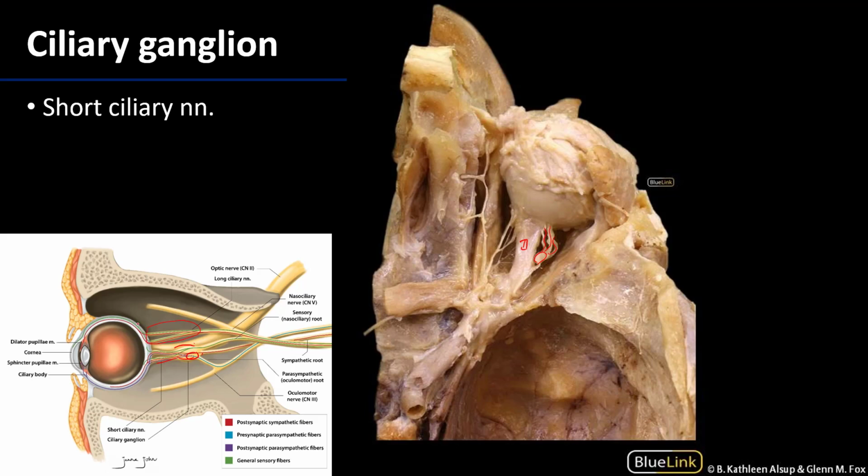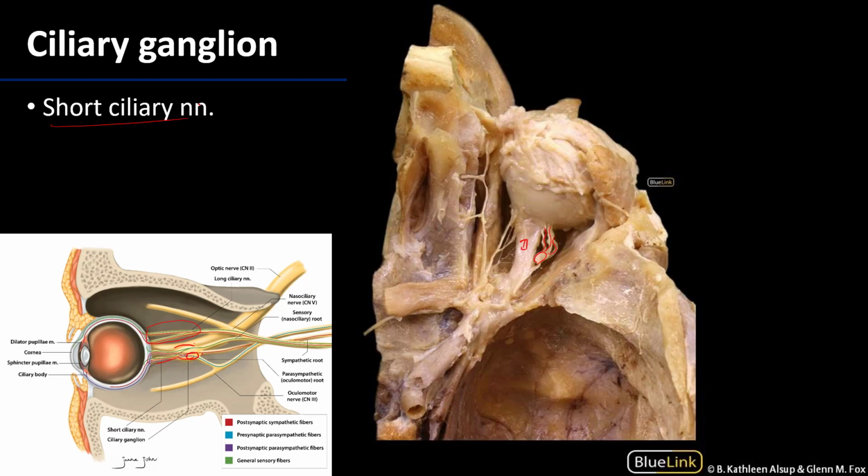So there are some sympathetics that serve the dilator pupillae, some afferents from the eye, specifically the cornea and adjacent regions, but most of the innervation of the eye is courtesy of those short ciliary nerves, and those are communicating through the ciliary ganglion.